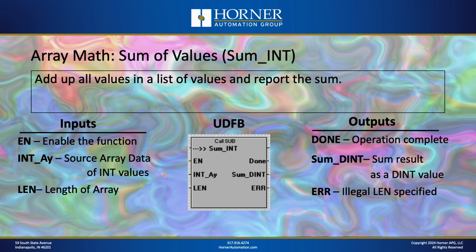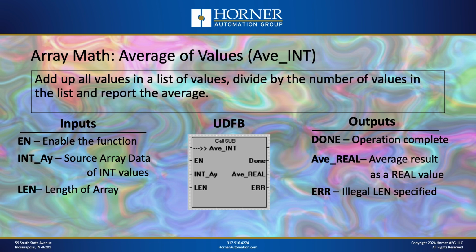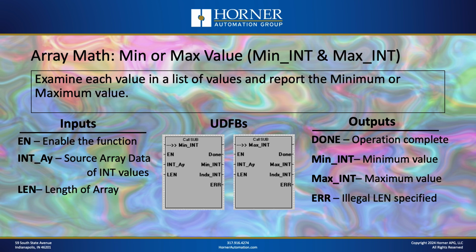There's the sum array math function. That one's pretty obvious. It goes through the entire array of values and adds all those values together and provides you with the sum. Next, we have the average of values. It goes through the entire list of values and provides you with the average. Then you have min and max value UDFBs.